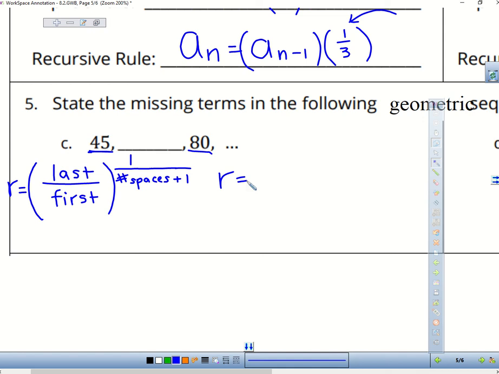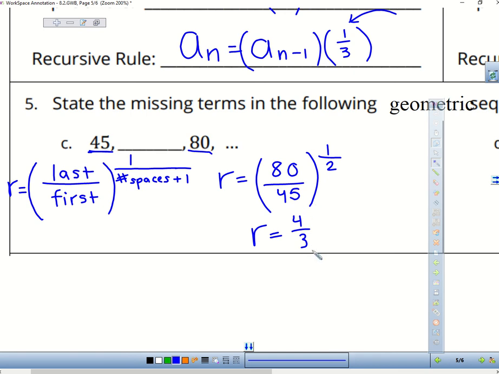So R is equal to 80 over 45 to the power of 1 over 2. So R is equal to 4/3, which in the calculator is going to be like 1.3333 repeating.